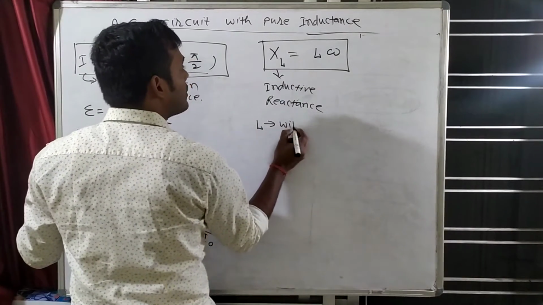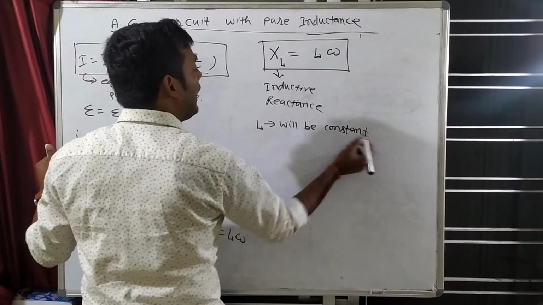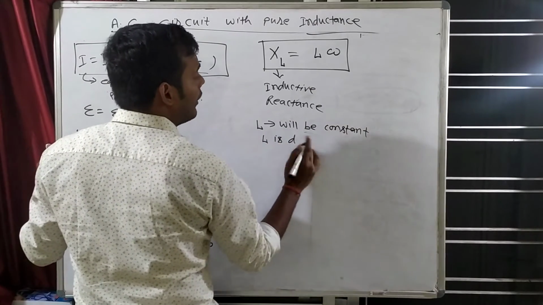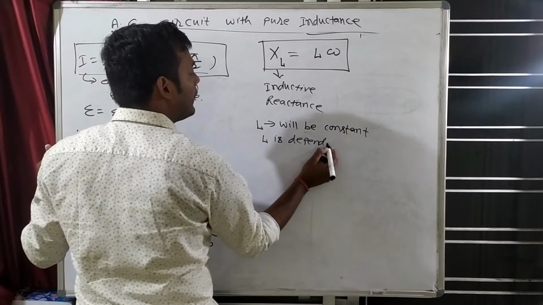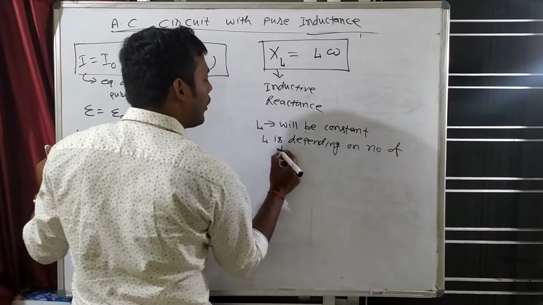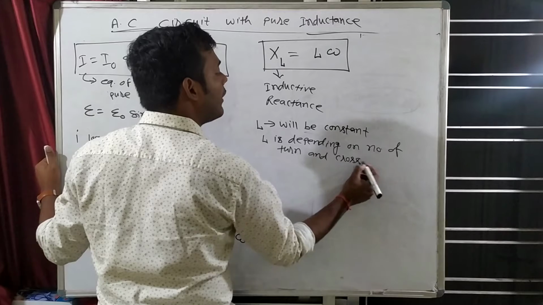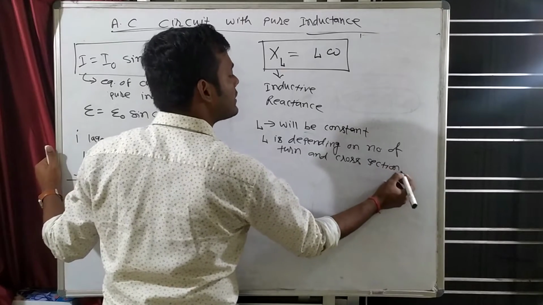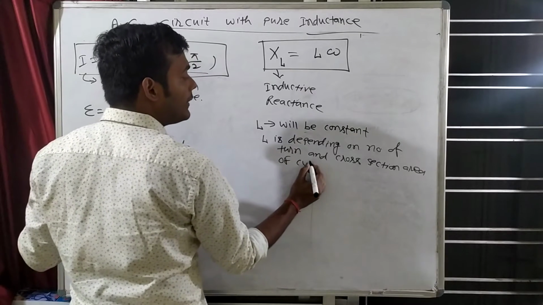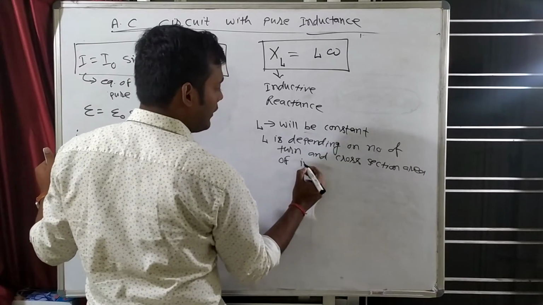L is constant because L depends on the number of turns in the inductor and the cross section area of the inductor, and both of these are constant.